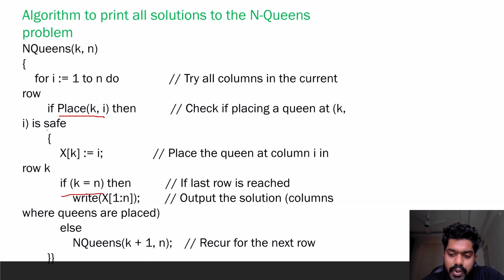That means that is a solution for us. Then we'll print a solution. If in case we have placed only 2 queens or 3 queens in a 4x4 chessboard, that means it's not a correct solution. So we'll go to the second row and we'll try to find the solutions.